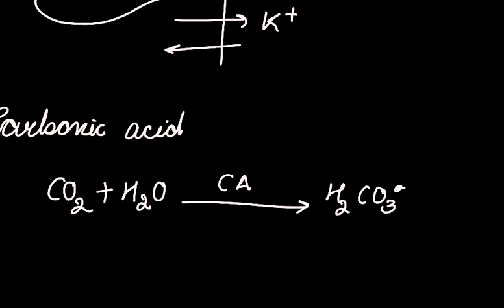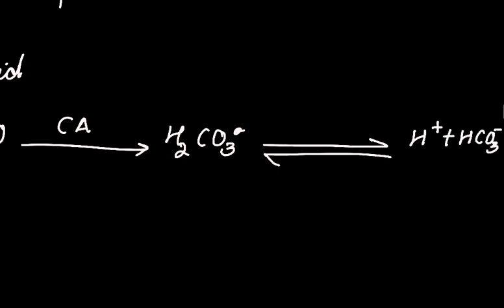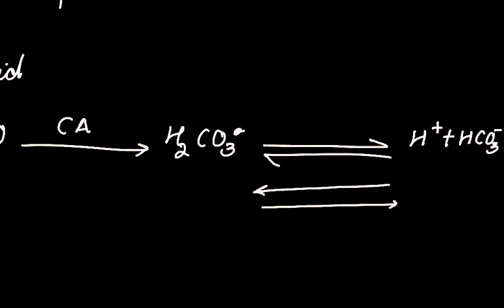Now this is a weak acid, so it dissociates into H plus and HCO3 minus. This is a very important thing. If H plus increases, the reaction will shift in this direction. If H plus decreases, the reaction will shift towards the other direction. So in this way, it acts as a buffer.